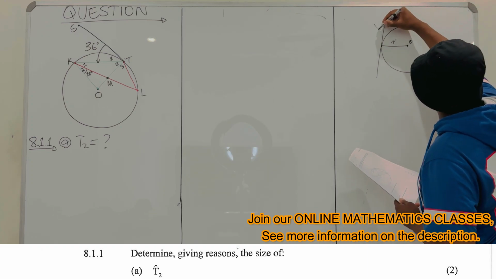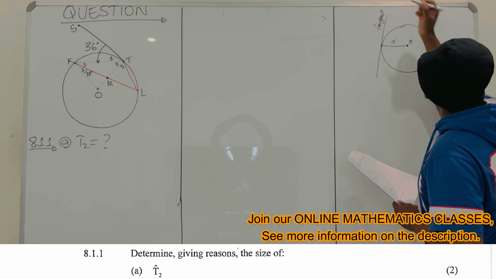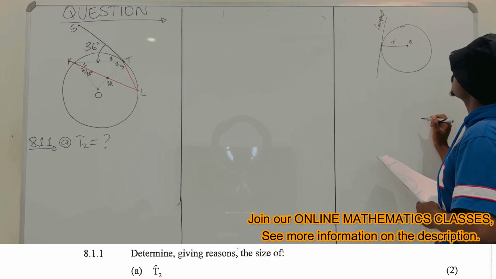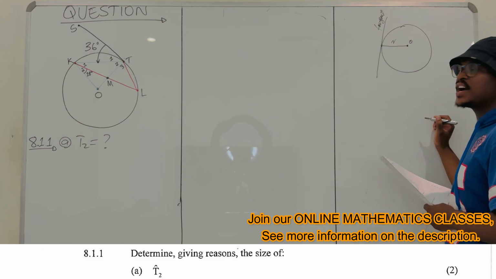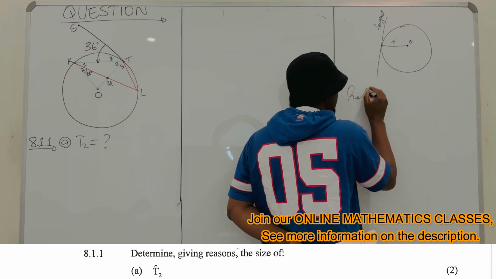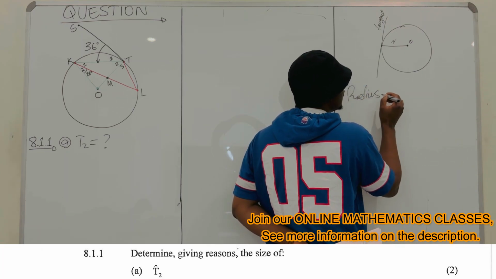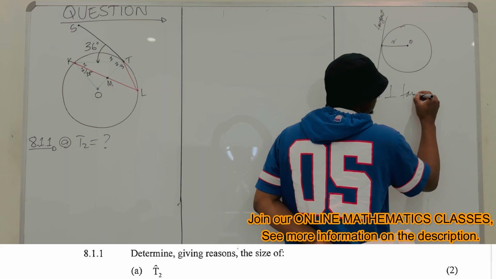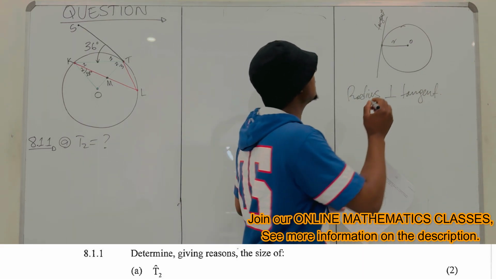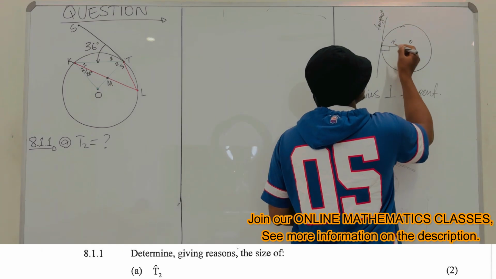The line, this is your tangent, it touches the circle at exactly one point. So what I taught and proved, I proved that the radius is perpendicular to the tangent. I've proved that, which is the angle between the radius and tangent is always 90 degrees.